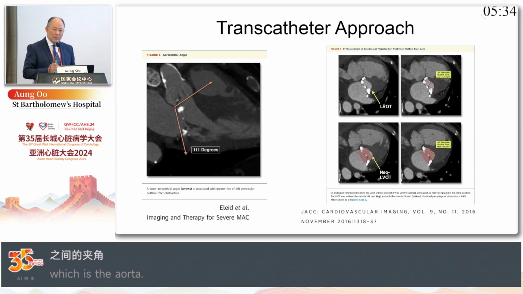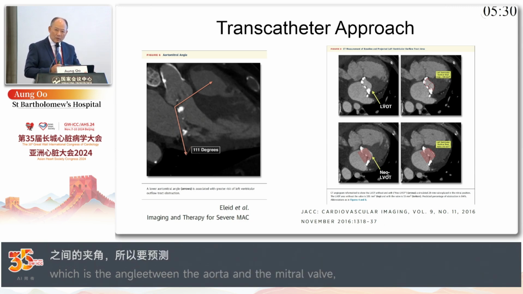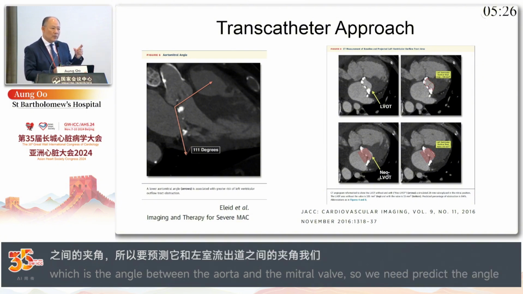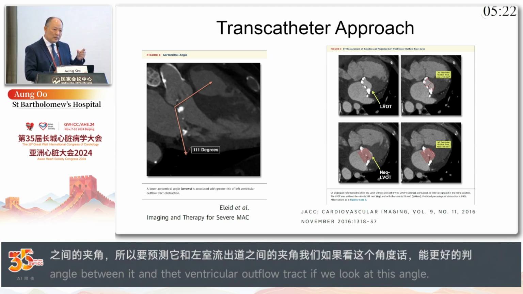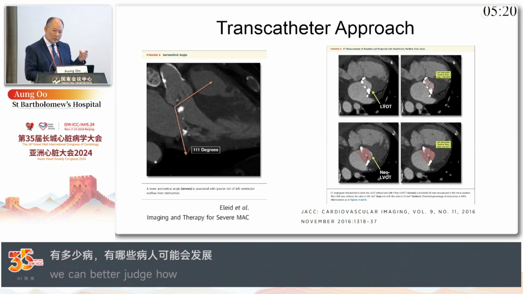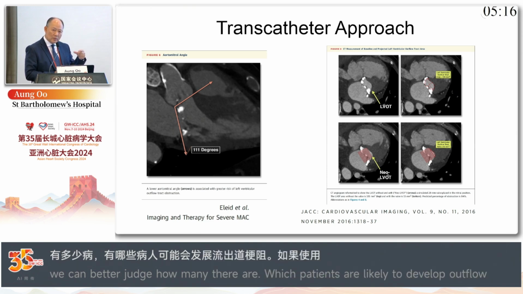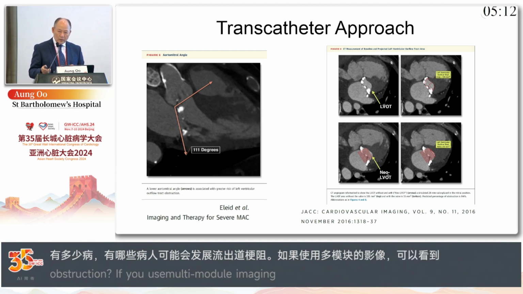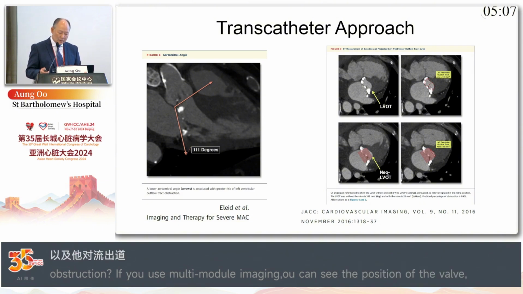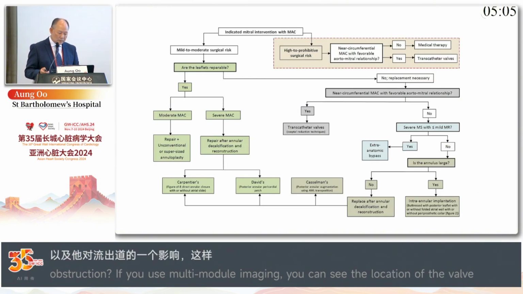So you can start predicting which patients can cause LVOT obstruction, using imaging modalities to predict how the valve will sit and how much LVOT obstruction it will cause. That is helpful to reduce problems by predicting potential complications.